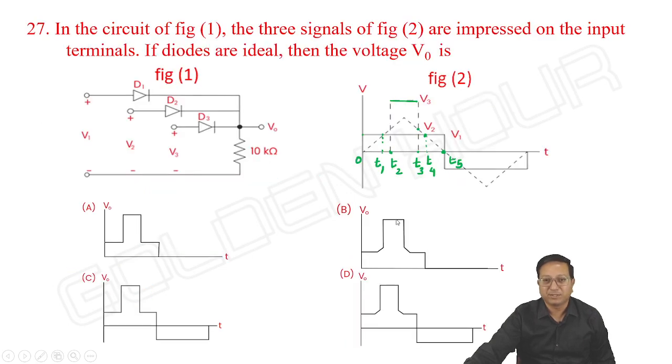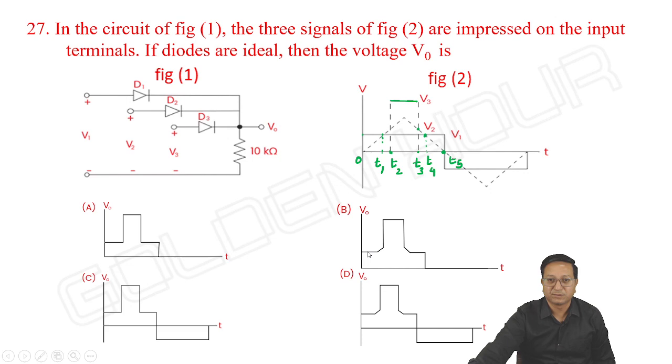Next, t3 to t4. For t greater than t3, V3 is 0 and V2 is greater than V1. So D2 is on and the output is equal to V2.